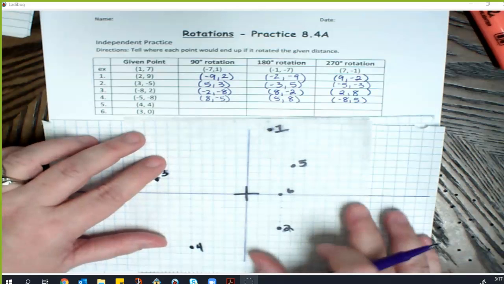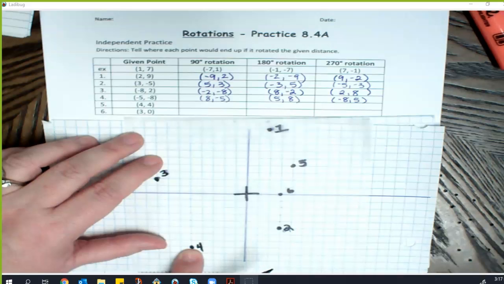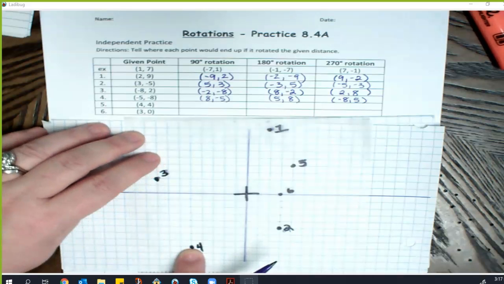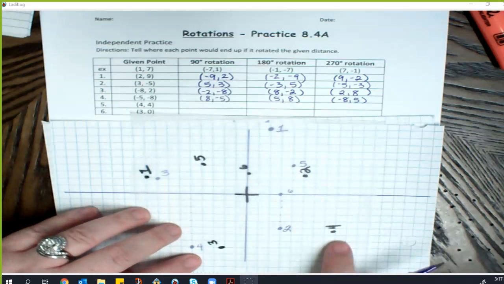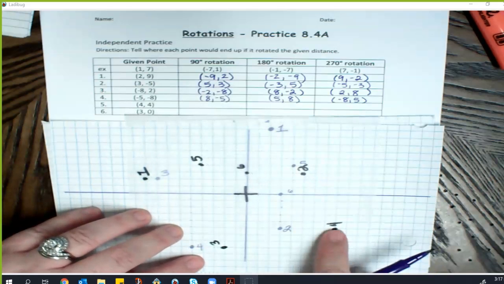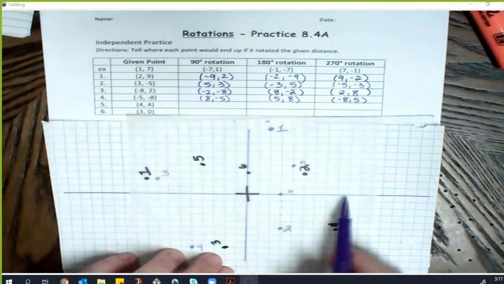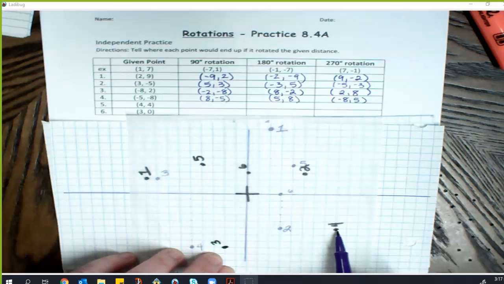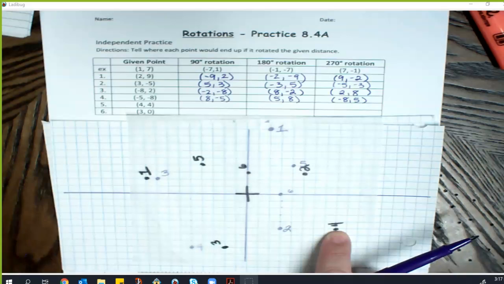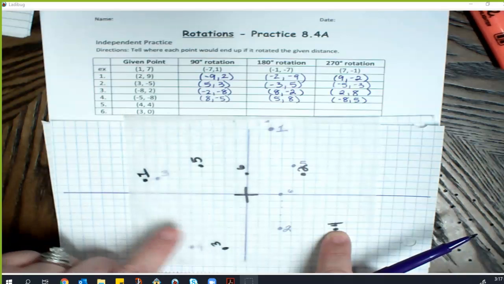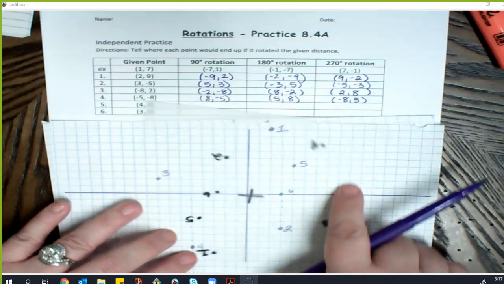Okay. So we're working with number 4 down here. So when I rotated it once 90 degrees, lined it up, that's where I ended up at 8, negative 5. Over 8, down 5. When I rotated it 180 degrees, that's a total of 2 turns. So I already went 1 turn. Here's my second turn.